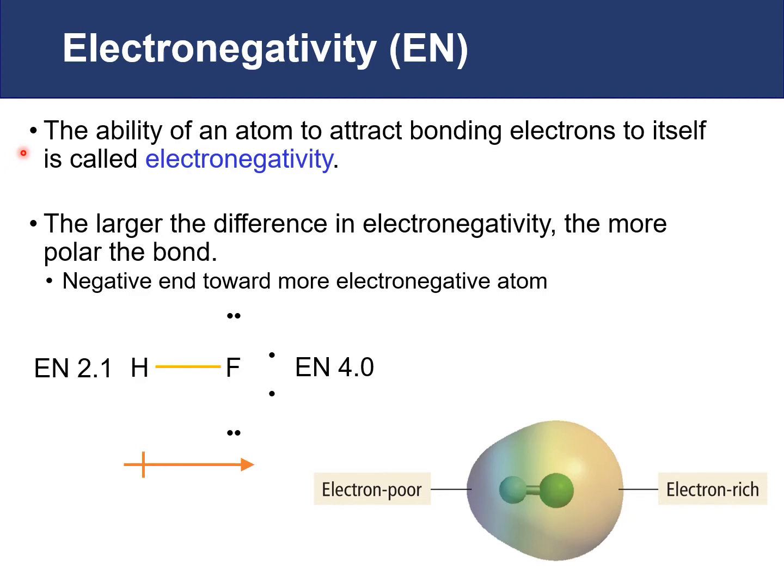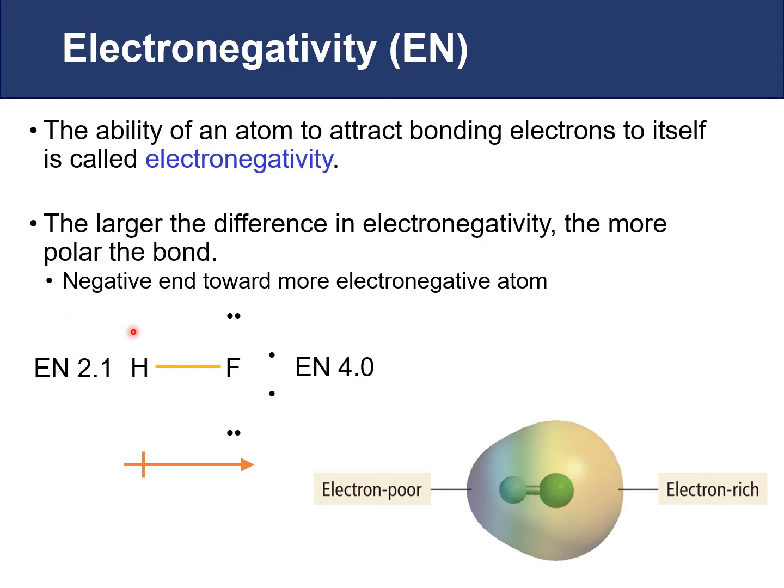Electronegativity is the ability of an atom to attract bonding electrons towards itself. The higher the electronegativity, the more it will pull on an electron. The larger the difference in the electronegativity between two atoms in a bond, the larger the polarity of the bond will be, with the negative end being pointed towards the more electronegative atom.